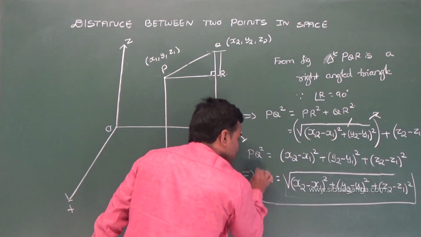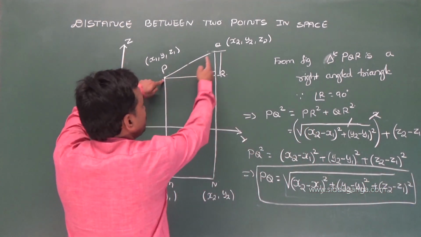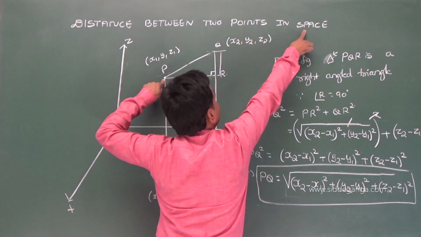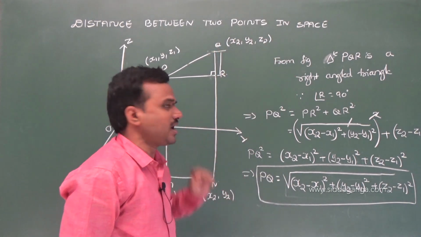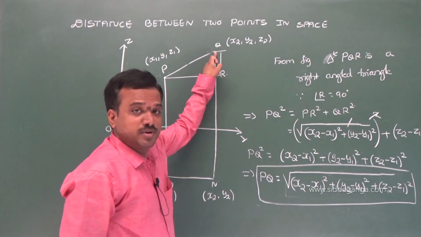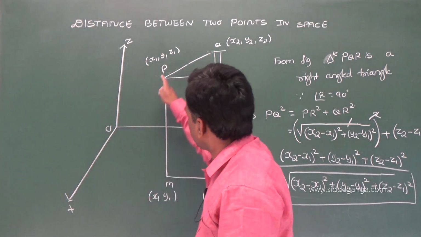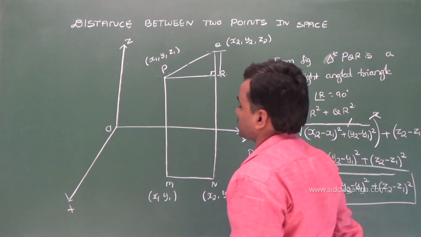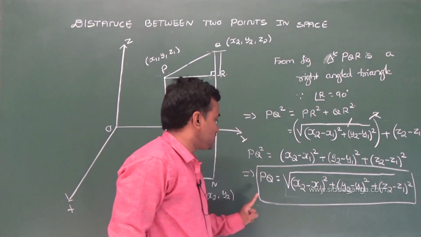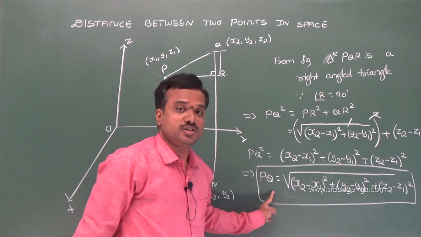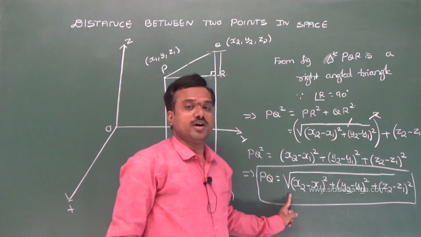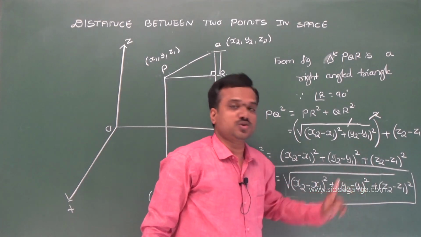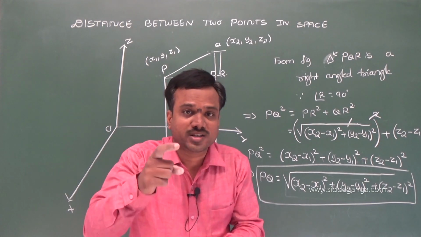So PQ from the figure, observe, PQ means the distance between 2 points in space. The formula is: distance between 2 points in space is given by the square root of X2 minus X1 whole square plus Y2 minus Y1 whole square plus Z2 minus Z1 whole square.